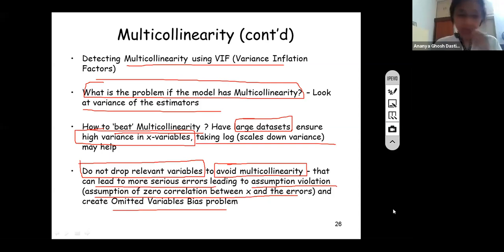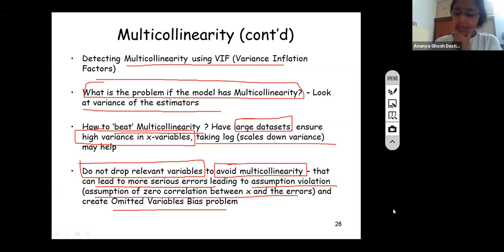Okay. So that's so far as the problem of multicollinearity, which is one of the things that I had wanted to discuss with you. I will take you to Stata, and I will certainly show you how to get VIFs and so on. But before that, let me talk about the X matrix.